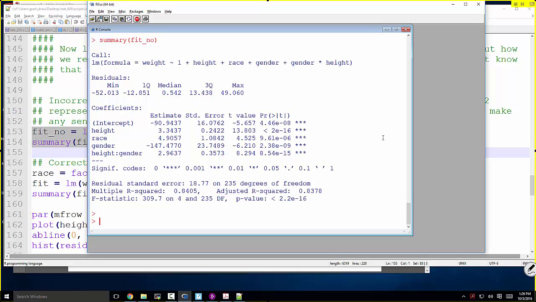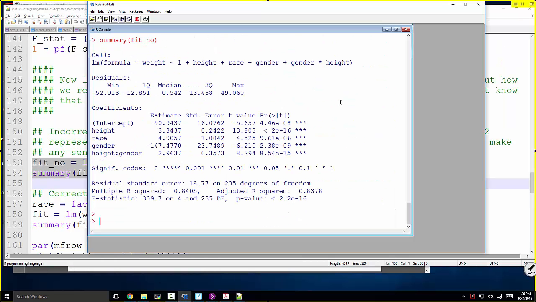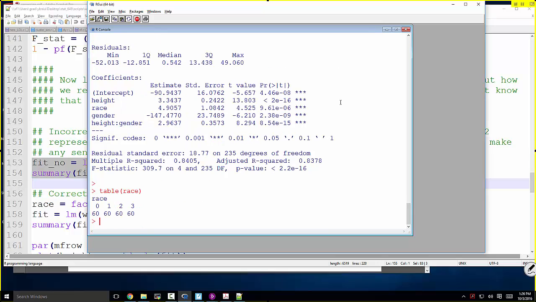Race, let's do table race. Race takes 4 values. These are just placeholders for different races: Caucasian, African American, Asian, I don't know what all they are, but we have 4 different races. The way it's represented in our Excel spreadsheet that we read in is numeric.